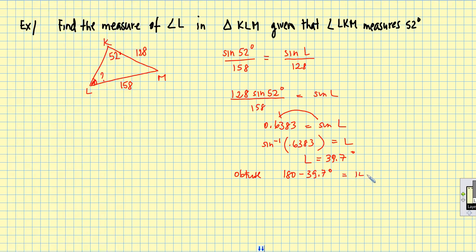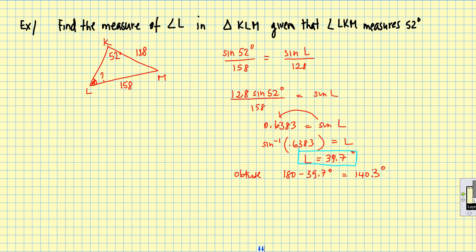So the two angles that would fit into triangle KLM are either 39.7, or 180 minus that angle, which is the obtuse version, 140.3.